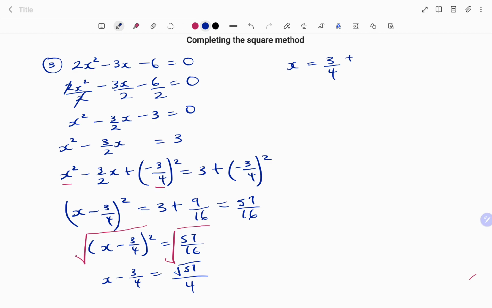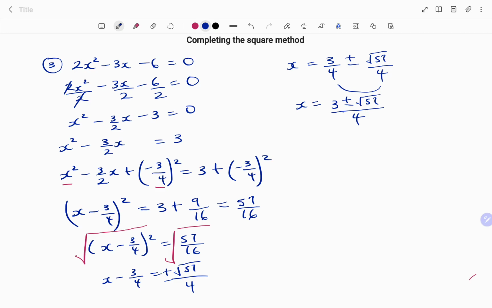I have plus or minus square root of 57 over 4. And if you see, the denominators are the same, so I can combine them. So I have x equals 3 plus or minus square root of 57 all over 4.